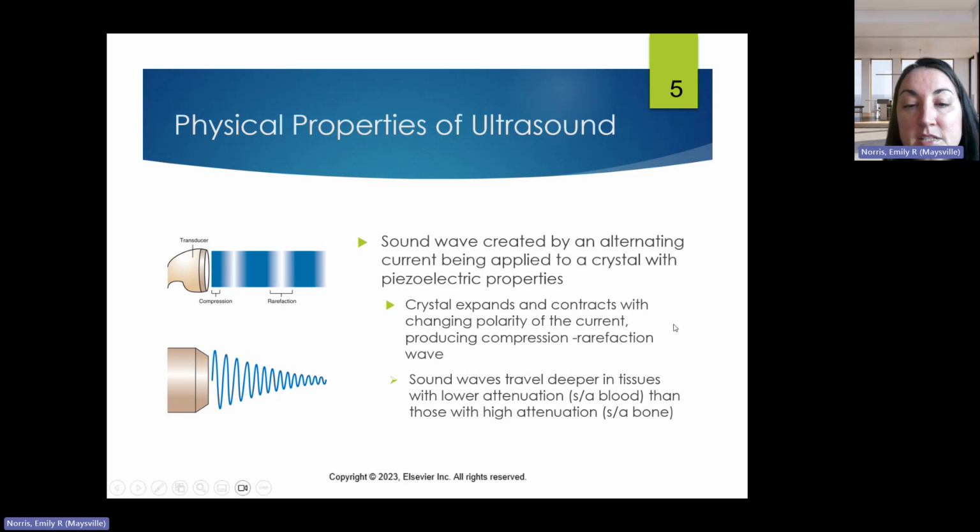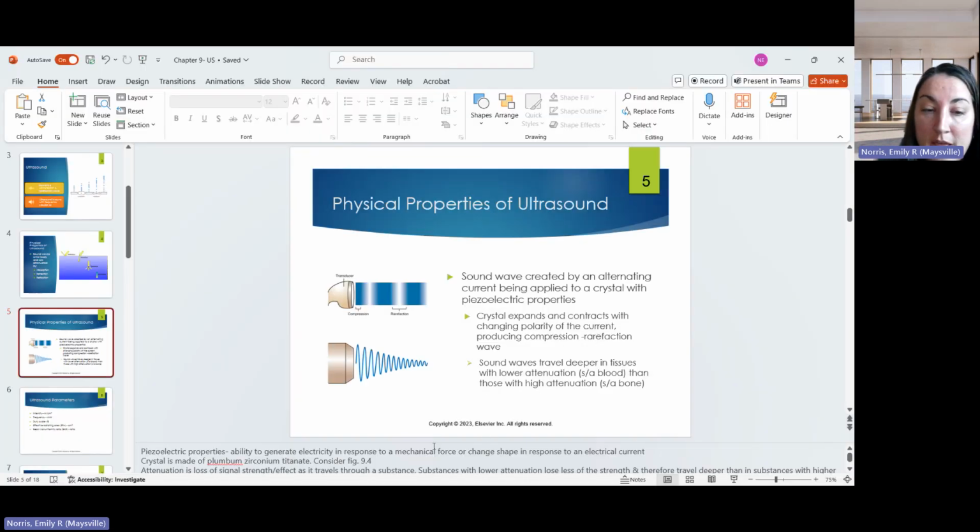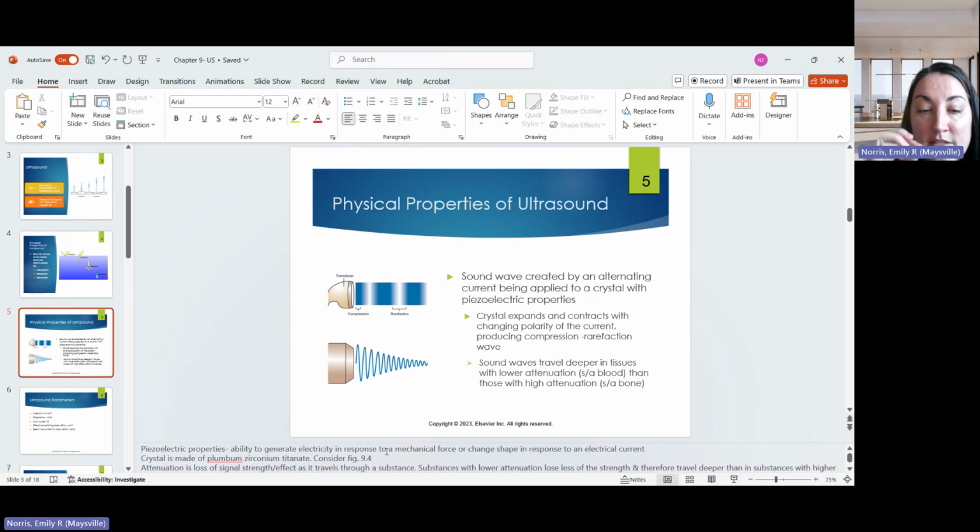So the crystal expands and contracts with changing polarities of current, which produces the compression and rarefaction wave, which has therapeutic benefits. The sound waves travel deeper in tissues with lower attenuation than those with higher attenuation. Attenuation is loss of signal or strength as sound waves travel through a substance.